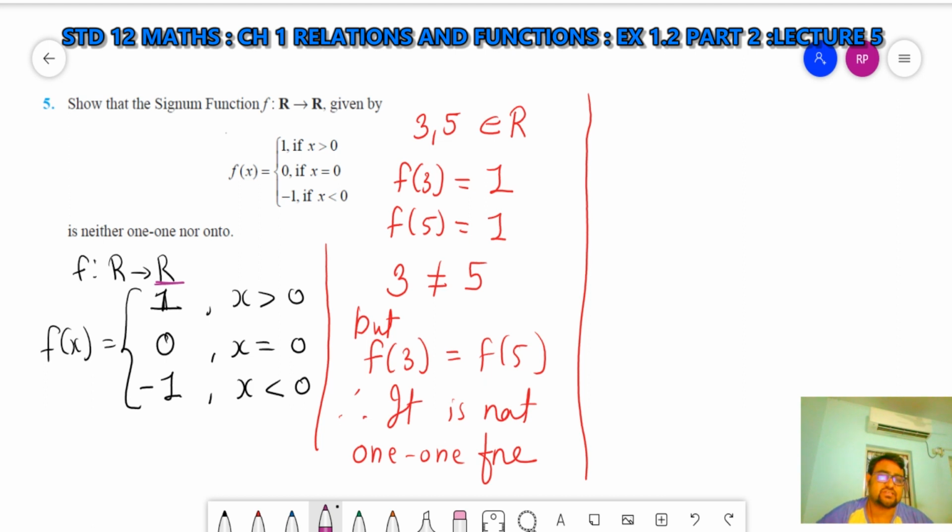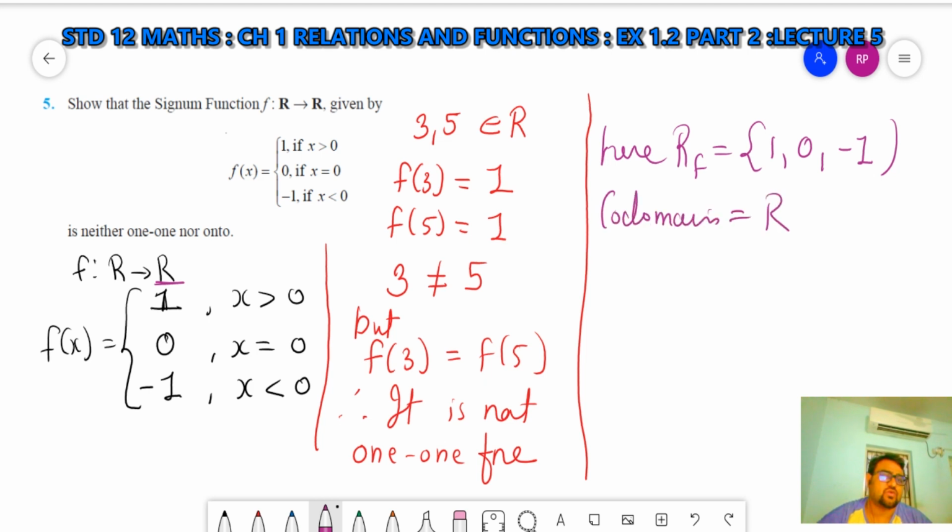The range of the function is 1, 0, minus 1. What is the codomain? Codomain is equal to R, right? Means you can say that 2 belongs to codomain. I select any one, but 2 does not belong to the range of the function.